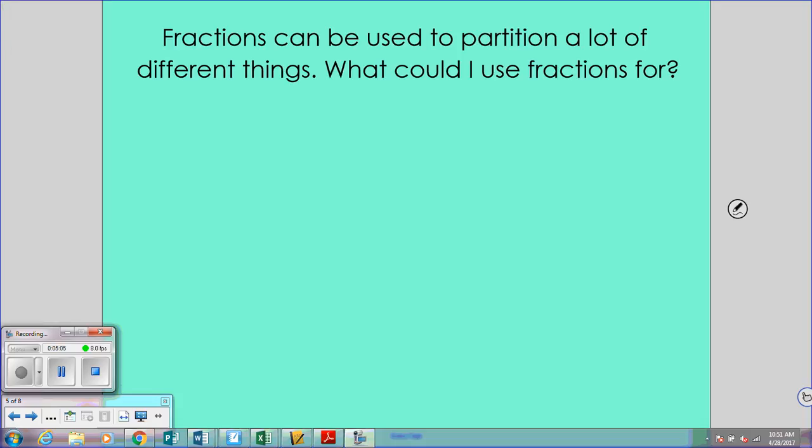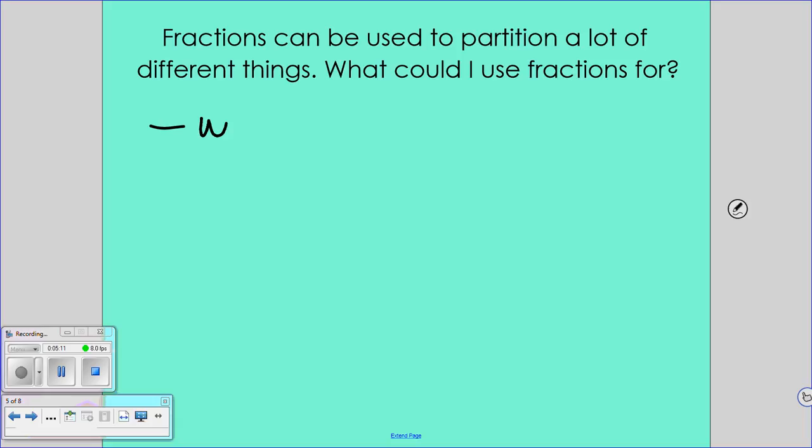Harley, what's one thing I could use fractions for? Split up pizza. Okay, so let's say I had a whole, could be pizza, could be brownie, could be a cake, and I'm splitting it into smaller pieces. I would need fractions to do that.